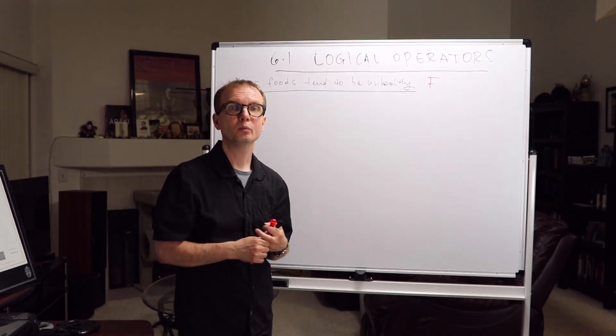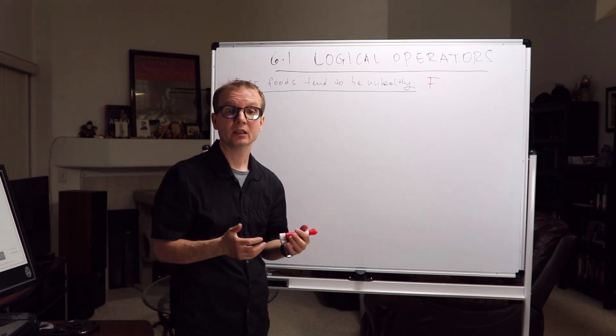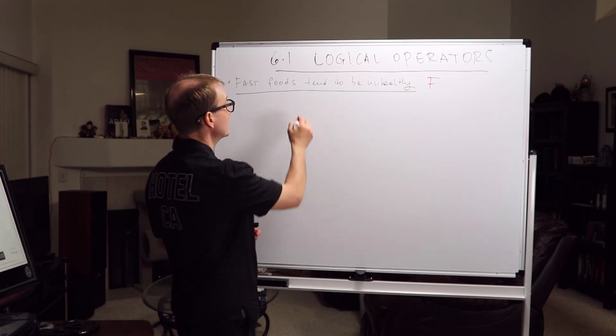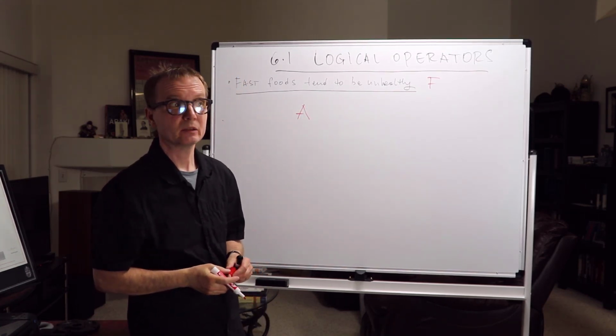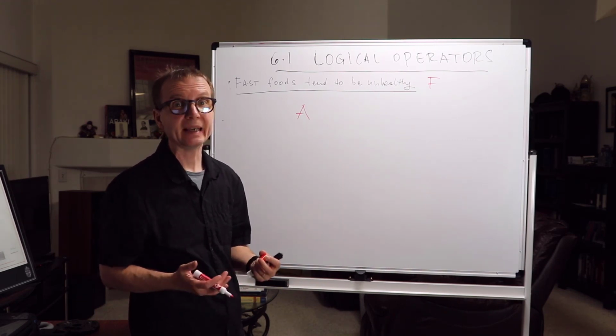Okay, so the first one, it is not the case that Al-Qaeda is a humanitarian organization. Why is it compound? Well, it actually has one statement. However, this statement is what is known in logic as negated. The statement itself is Al-Qaeda is a humanitarian organization. We can put an A instead of it, right? However, we are told that it is not the case.